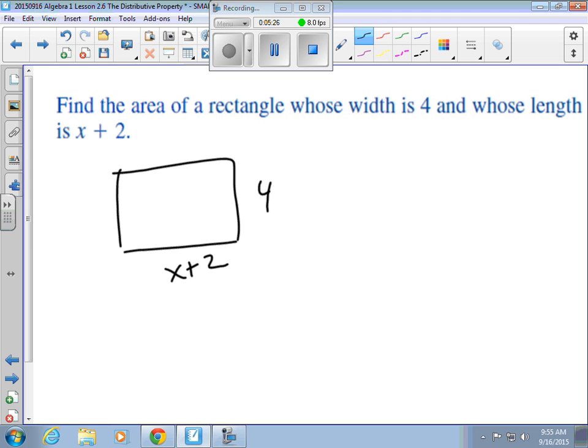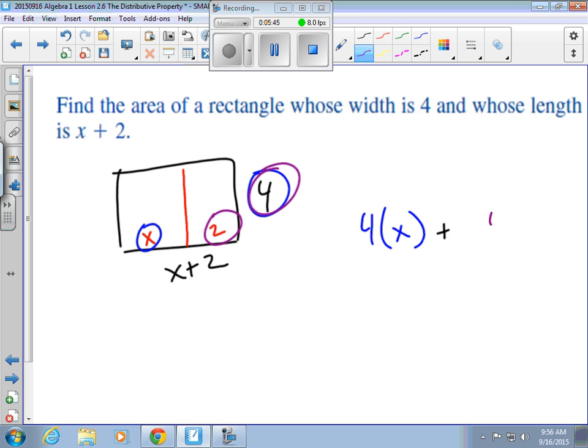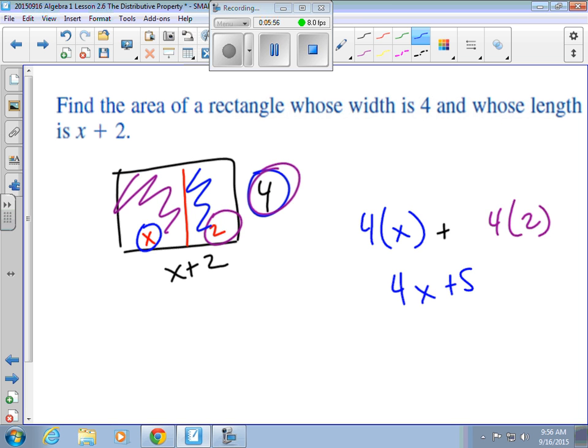Again, if you treat it just like example number one, if you separate this rectangle into x and 2, then what you're saying is 4 times x plus 4 times 2, or this area plus this area. So 4x plus 4 times 2 would be 4x plus 8 using the distributive property.